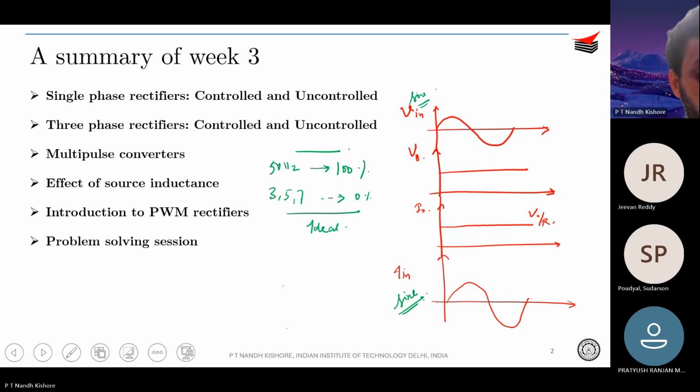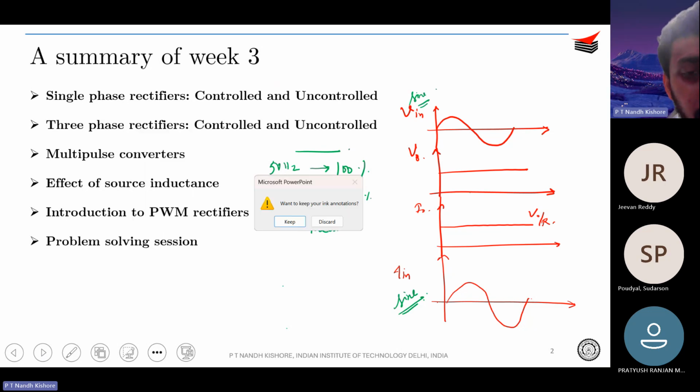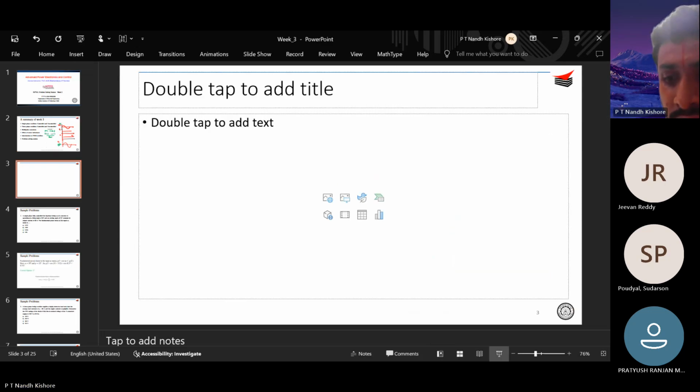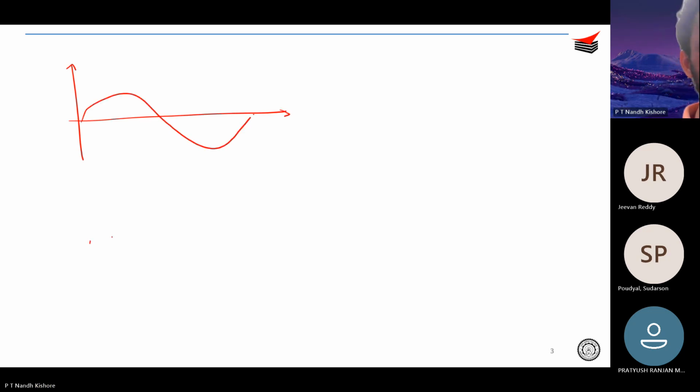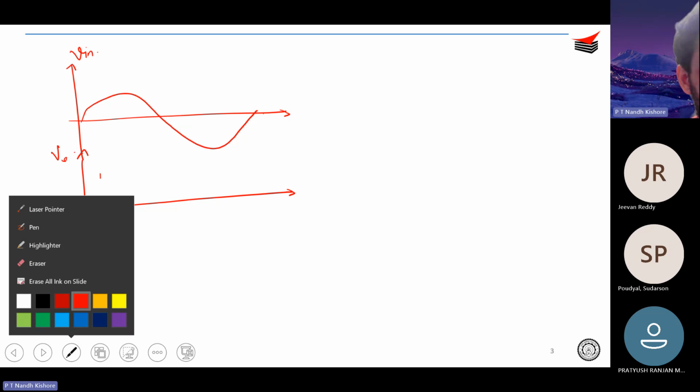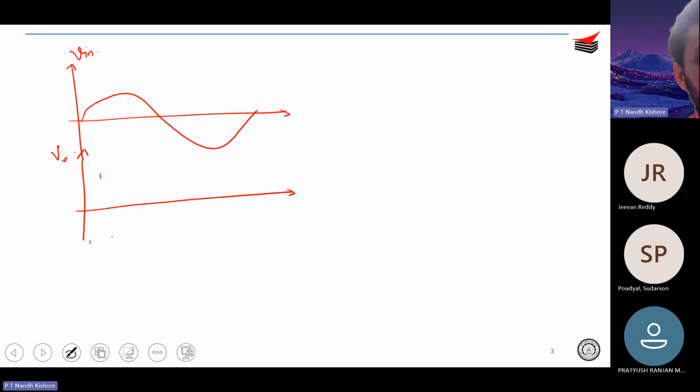However, you of course know that this is something that's not possible. So what you generally see is something like, okay, let me redraw this again. So this is your V in and this is your V naught, and let me take blue.